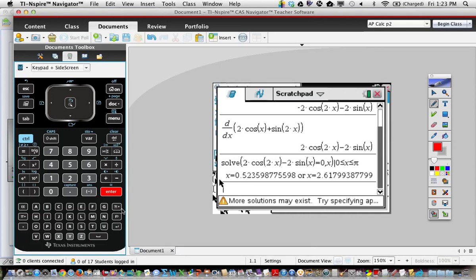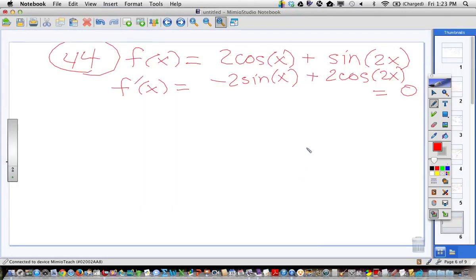Those decimals are pi/6 and 5 pi/6. So if we would have used a double angle formula and worked that all out, we could have gotten that. All right, so those are my stationary points: 0.524 and 2.618. So that answers part A. Okay? What does part B want to know?